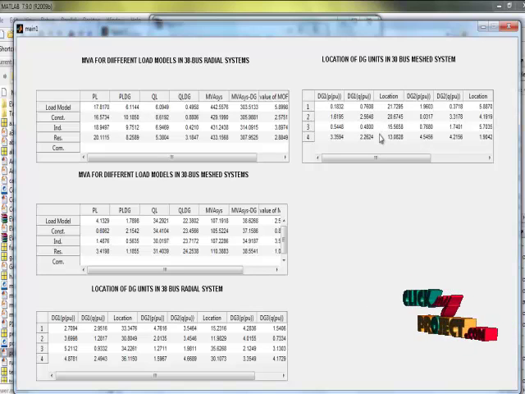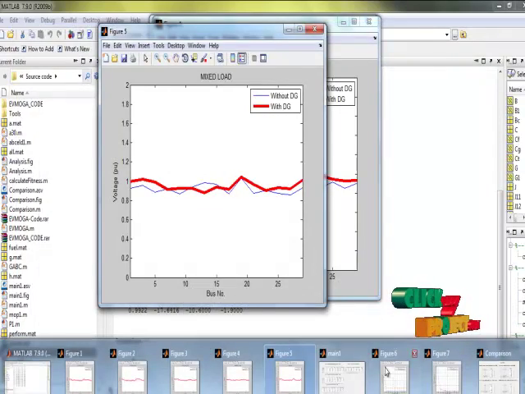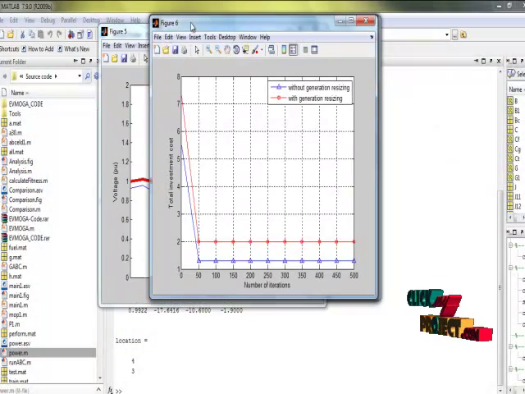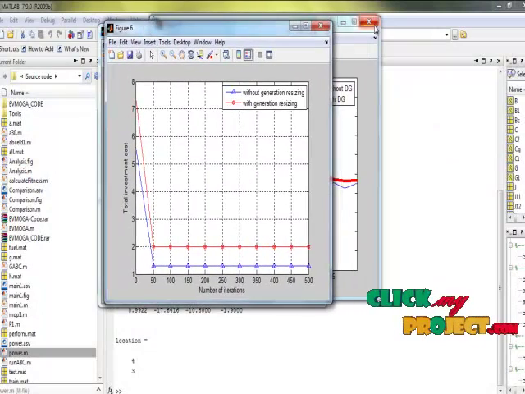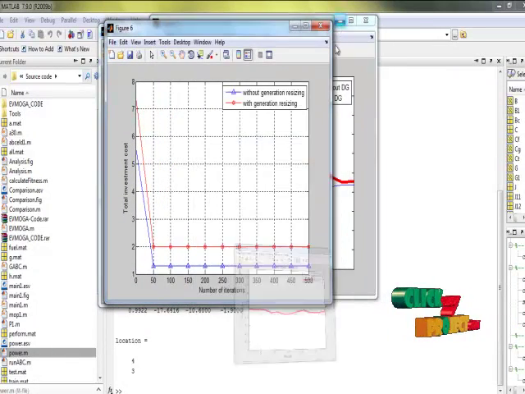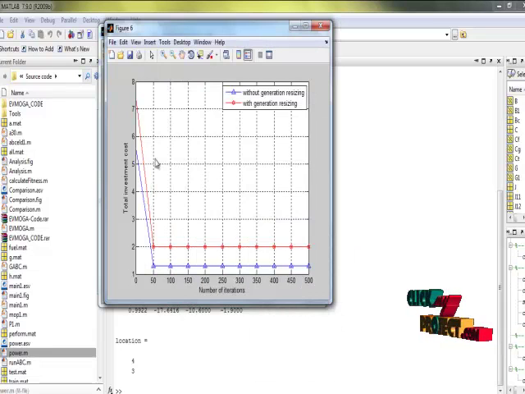This is the analysis chart. This is the graph plotted without generation resizing and with generation resizing for the difference between the number of iterations and investment cost.